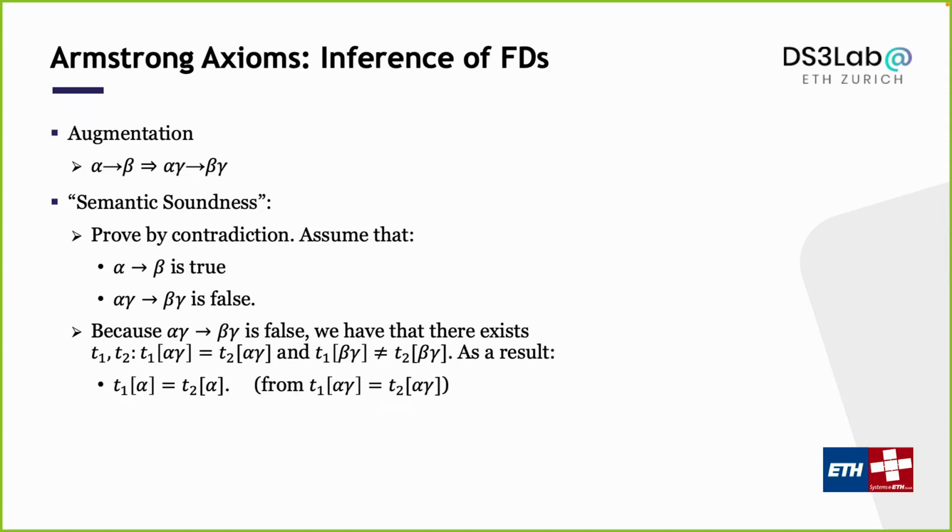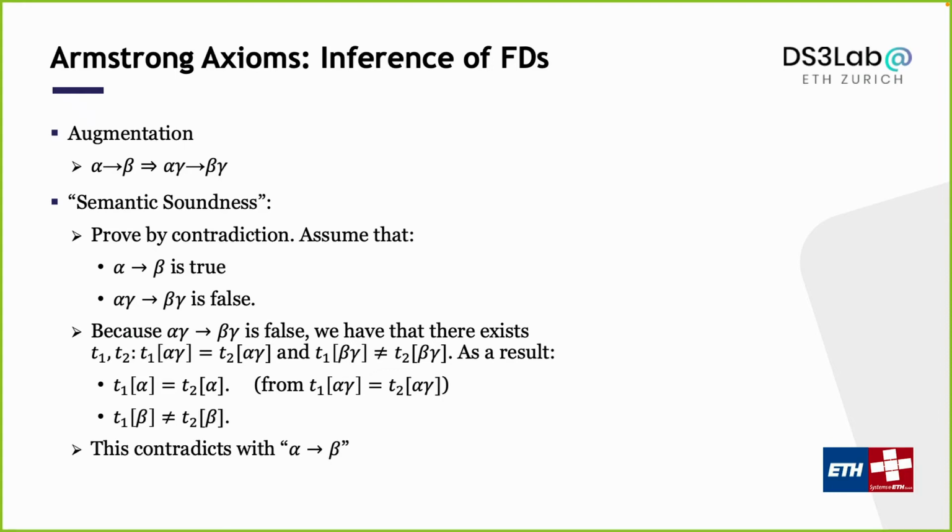As a result, if you look at these two tuples, T1 and T2, they must match on alpha, right? Because alpha gamma holds, so if I take a subset, they must match. They must also match on gamma.